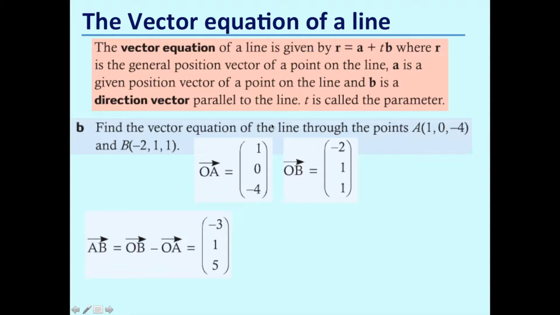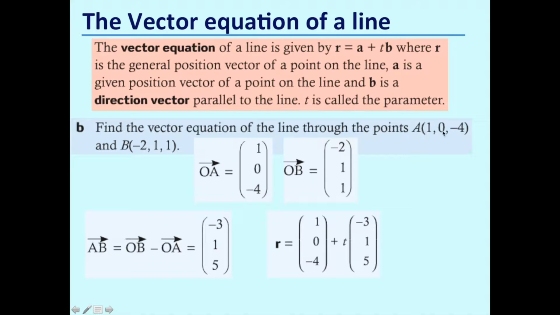Now, because it goes through both of these points, we can find the vector AB through rearranging the equations. So AB would be vector OB minus vector OA. So vector AB is going to give us negative 3, 1, 5. So this is actually the direction vector.